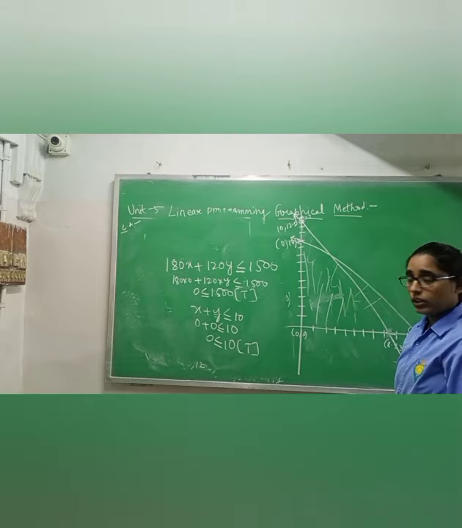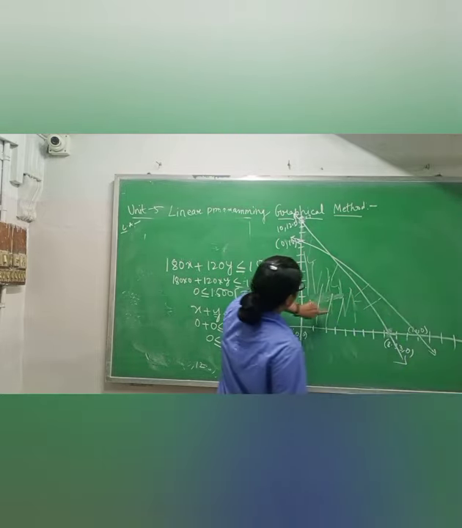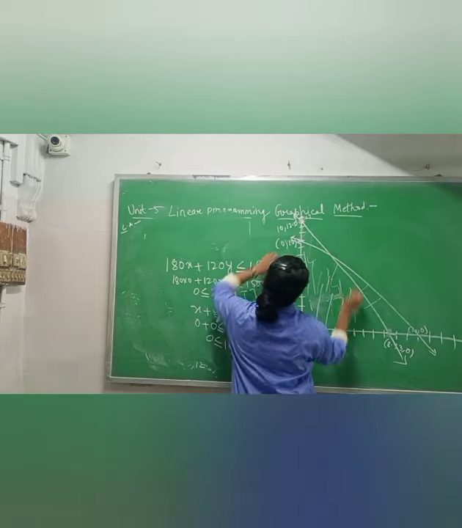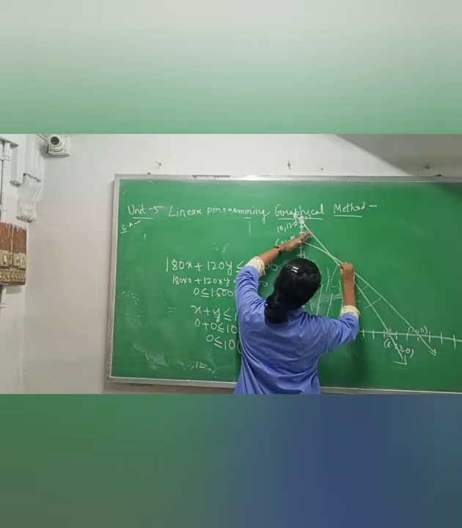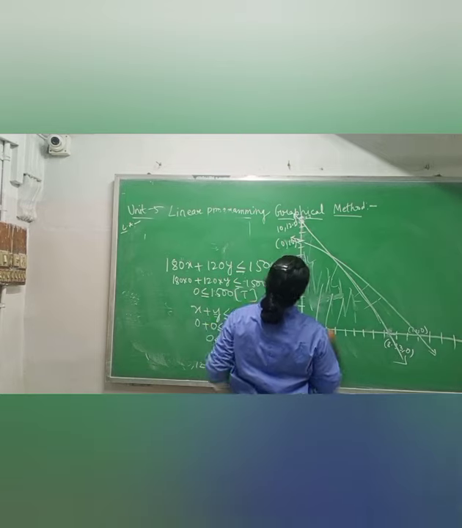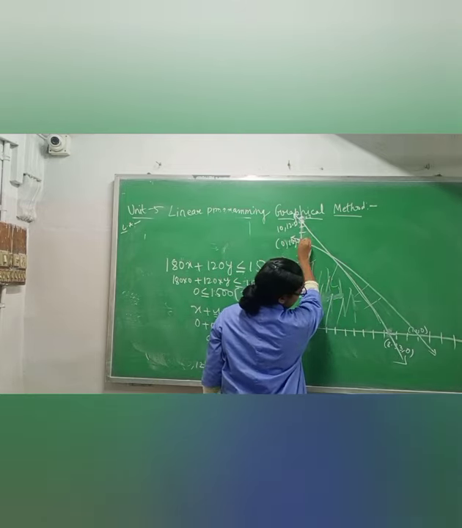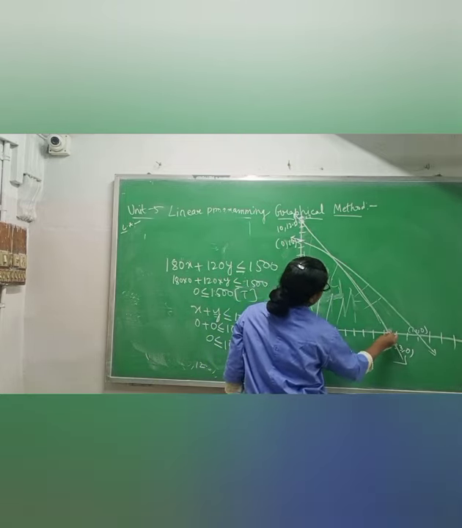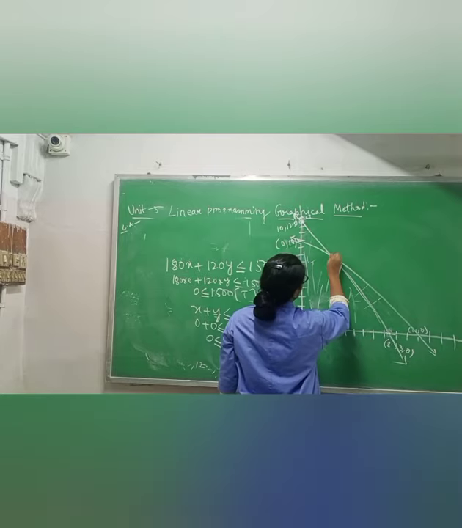Why am I finding it? Because we have to find the corner points. If only this one is the feasible region, from here to here, it means the corner points are this, then this, and this intersection point.